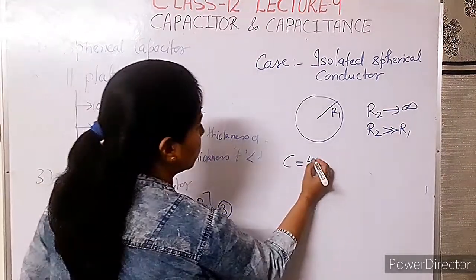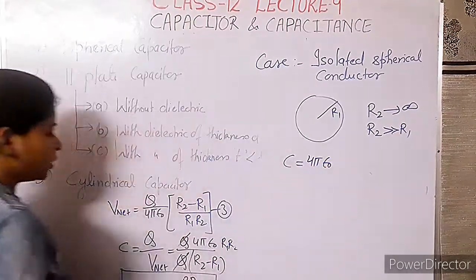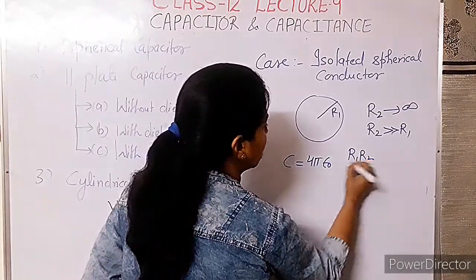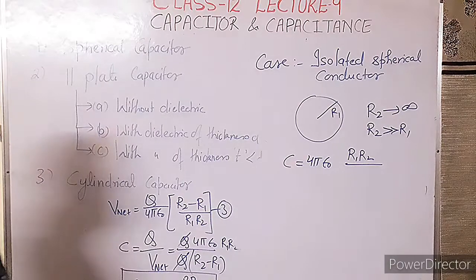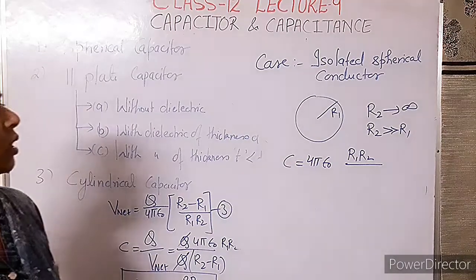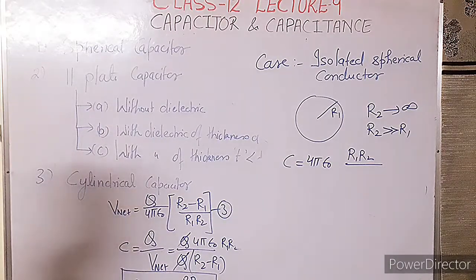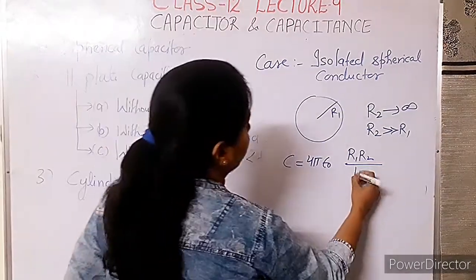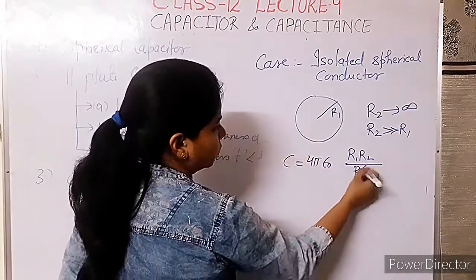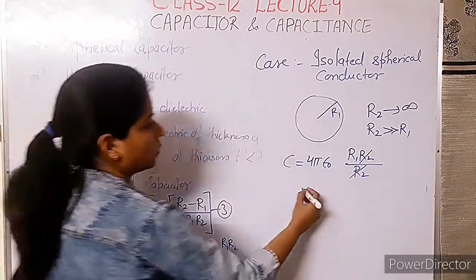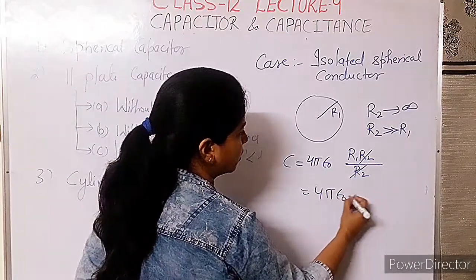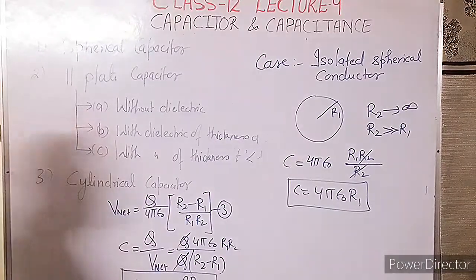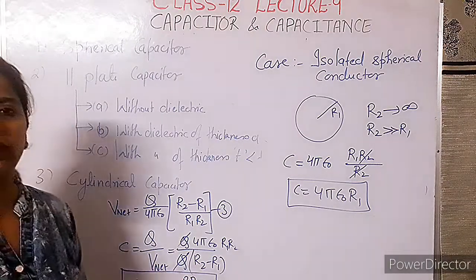So C is equal to 4 pi epsilon naught R1 R2 divided by R2 minus R1. Because R2 is very much greater than R1, we can neglect R1 as compared to R2, and here we get only the term R2. So these two terms cancel out, and we get the result C is equal to 4 pi epsilon naught R1. That is the final result for an isolated spherical conductor.